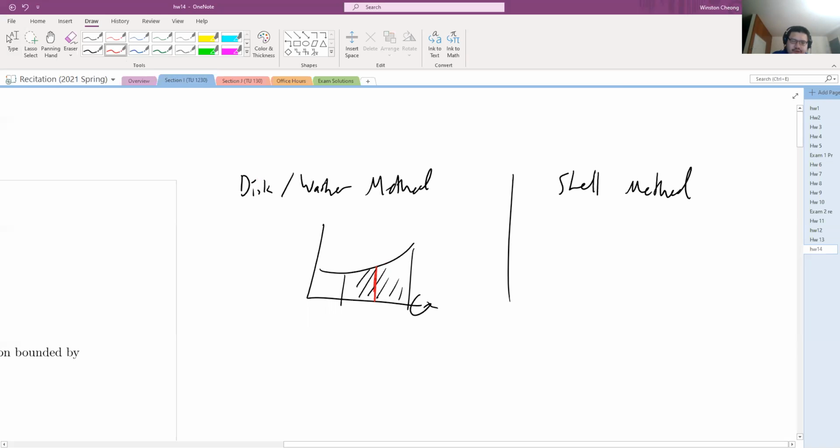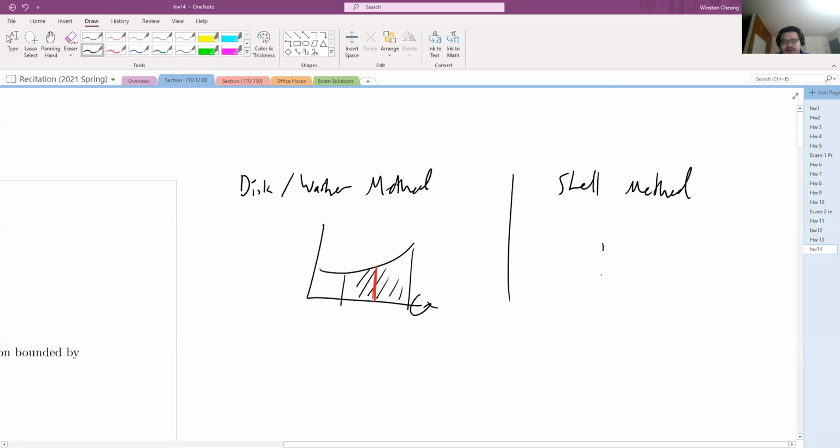What you want to do is look at a segment of the region and think about what that traces out. If you take that red line and rotate it about that axis, that's going to trace out a circle, a disk. That is what makes you recognize that this is the disk or washer method.